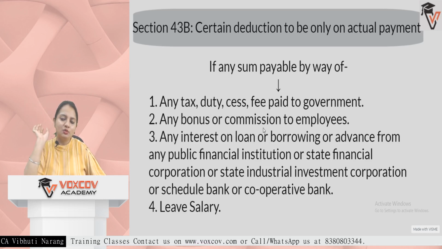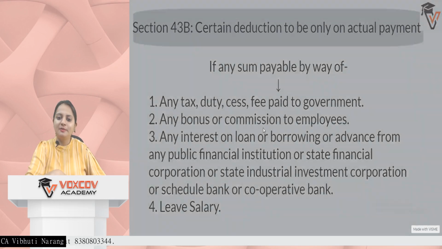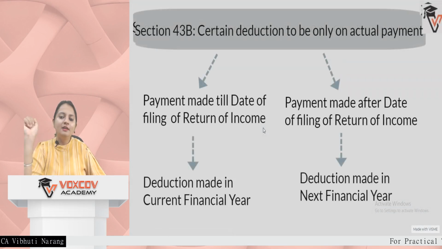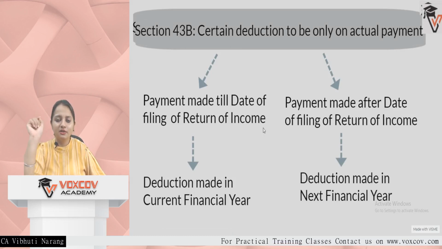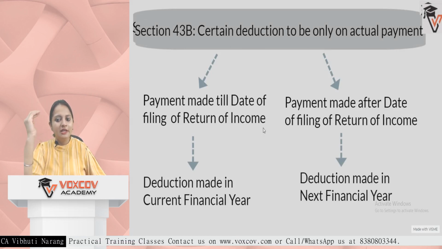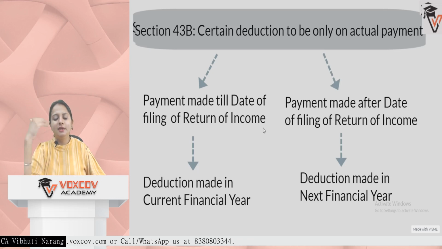Any sum payable through any of these 4-5 means, in that case actual payment of the expense is very much mandatory, and this payment is to be done till the date of return filing of income. So if you pay by the date you are filing your return of income, it will be allowed in that particular financial year. If you are making the payment beyond the filing of return of income, it will be allowed in your next financial year.